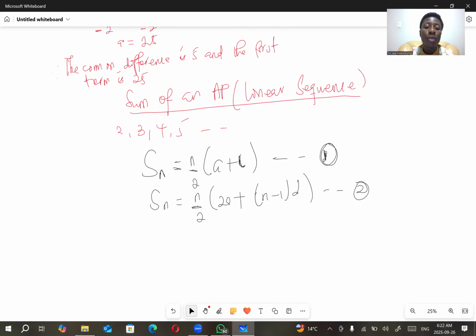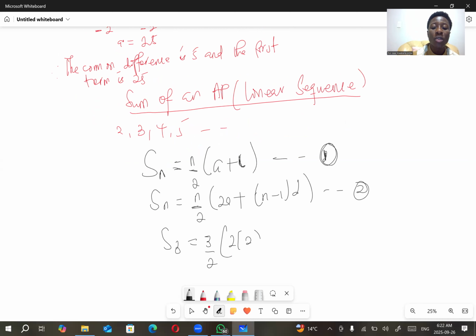So for the question I asked, find the sum of the first three terms, S3 will be: n changes to 3, so 3 over 2 into brackets, where a represents the first term of that sequence, which is 2, plus n minus 1, which is 3 minus 1, times d. d is the common difference, and if you observe, the common difference is 1.